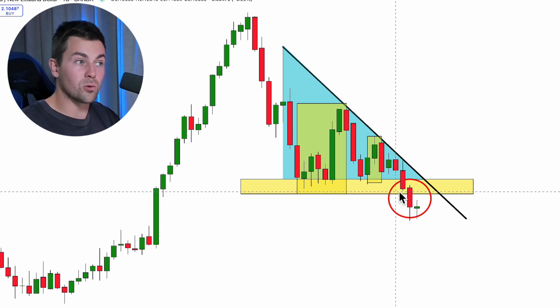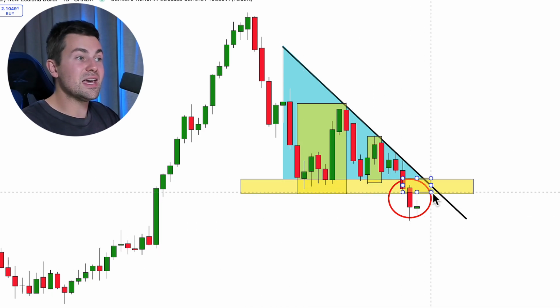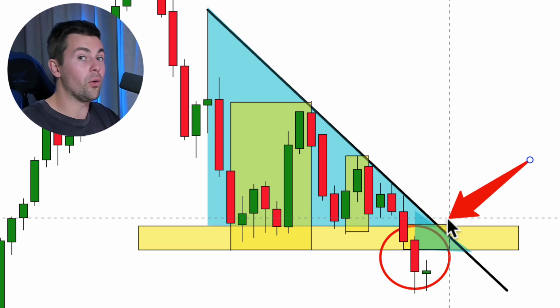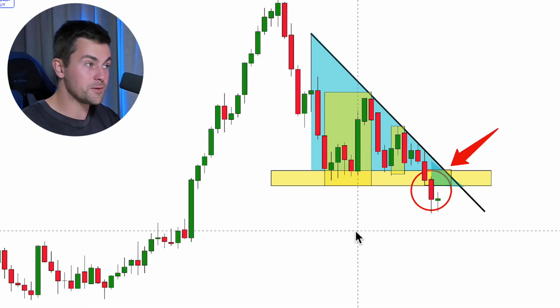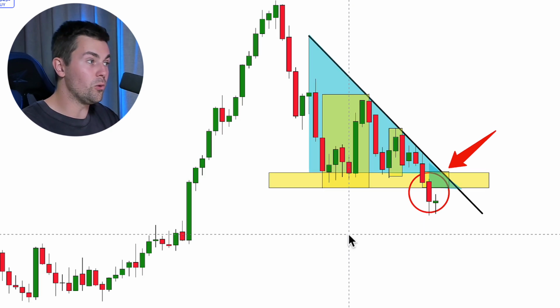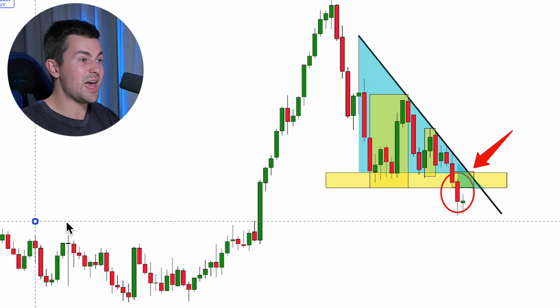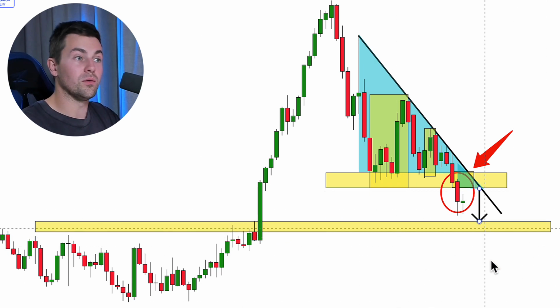Once you have spotted the breakout of the neckline of the pattern, you should remember that the broken neckline and the trend line will compose the contracting supply zone, the area from where you can look for selling the market. And the next goal for the sellers then will be the next strong support, and our next strong support in that example is that horizontal structure. It will be the next goal for the sellers.